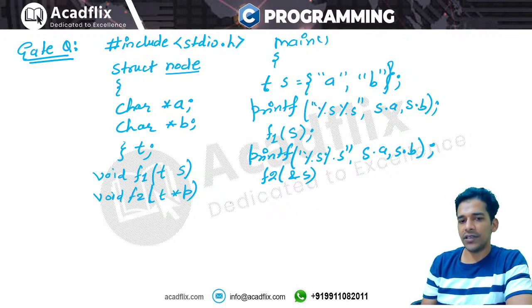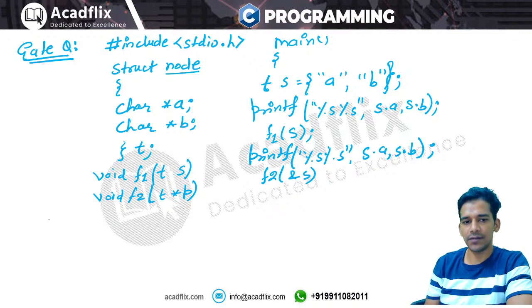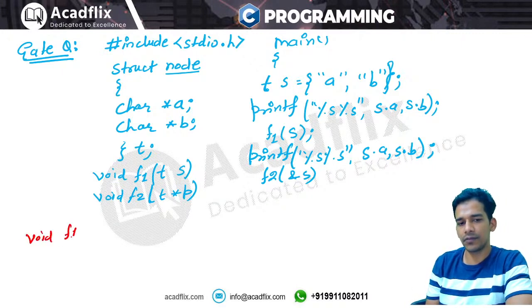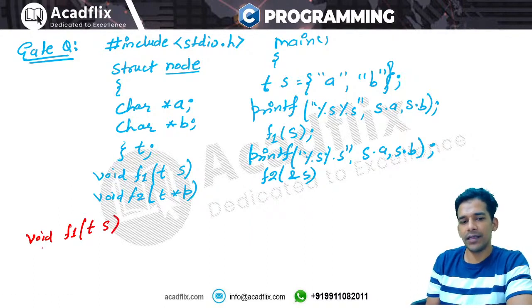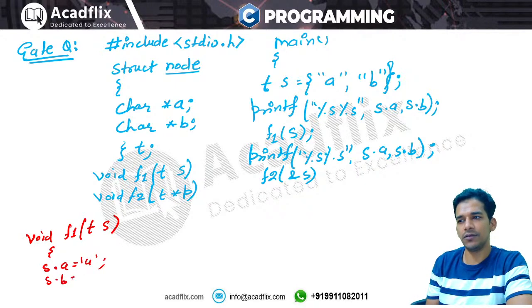So the definitions of these functions are given. For example, the definition of function f1 is like this. In this we are declaring a variable s of type T, and then we are saying s.a equals u, and then s.b equals v.